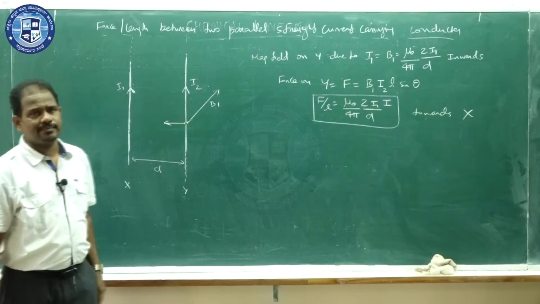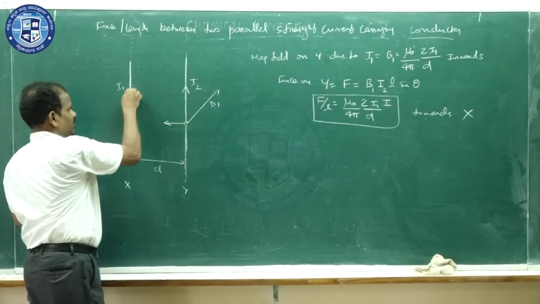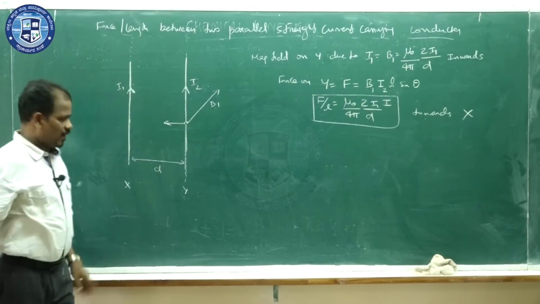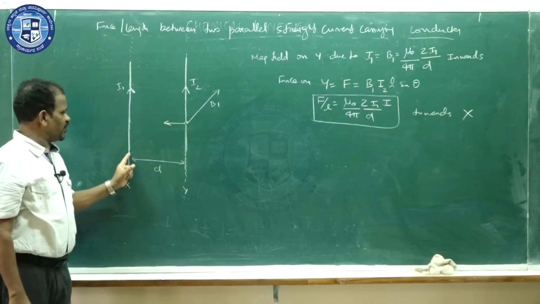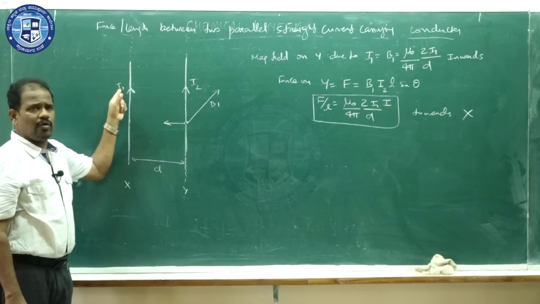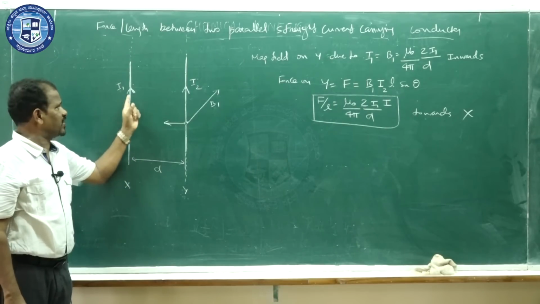Now we will verify the second one, vice versa. This is a conductor, conductor X. Current is flowing in it, and what is the value of current? I1, and the current is flowing upwards.